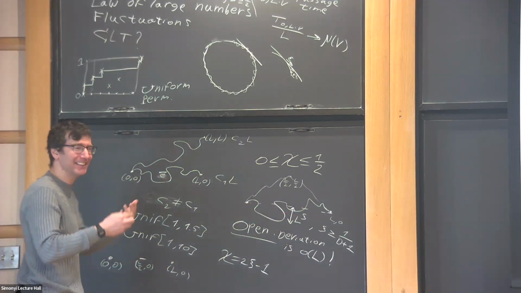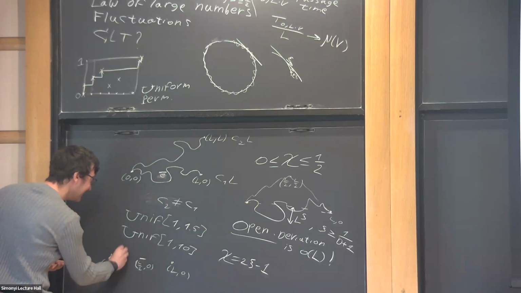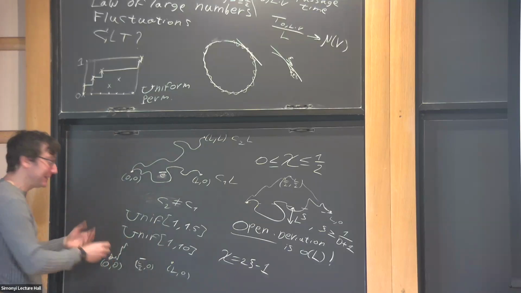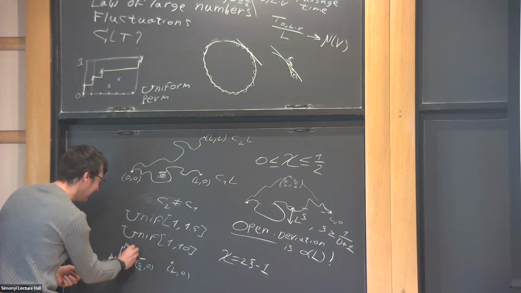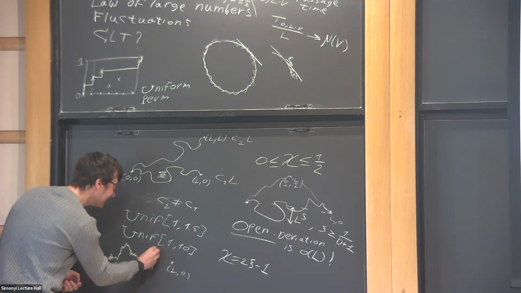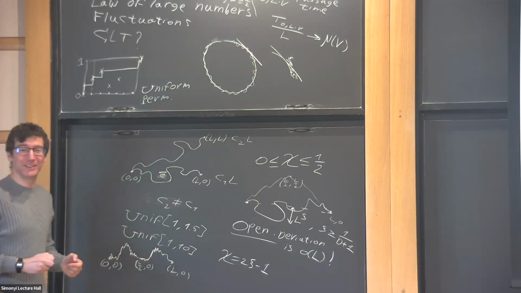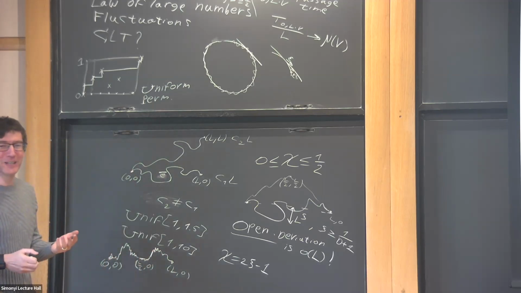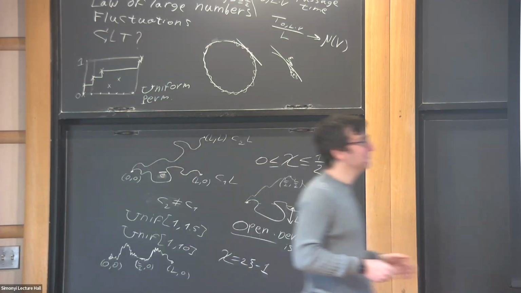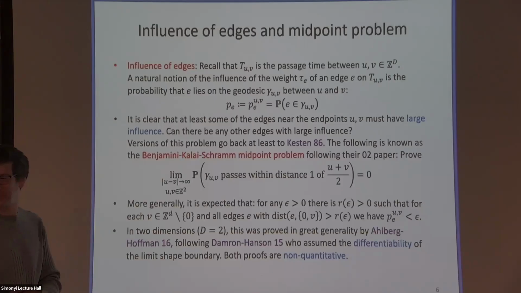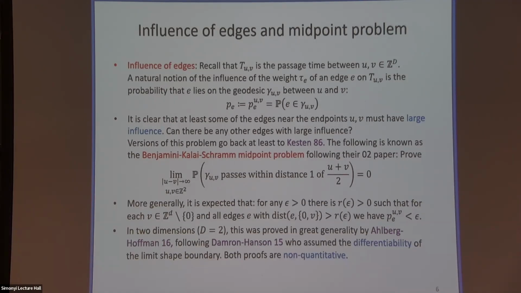So mostly the geodesic is high, but maybe when it comes close to the middle, somehow it remembers that it forgot something, goes to the middle, and then goes back to being high. We don't know how to rule that out. That's so strange. So that's another question to think about. This is the Benjamini-Kalai-Schramm midpoint problem, just to show you how ridiculous the situation of the subject is.